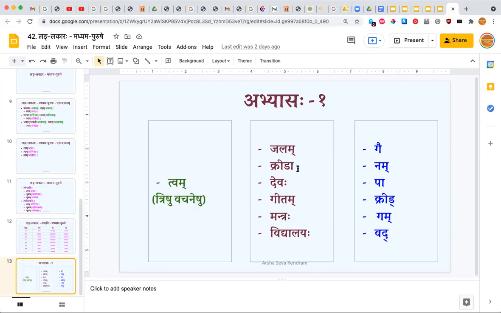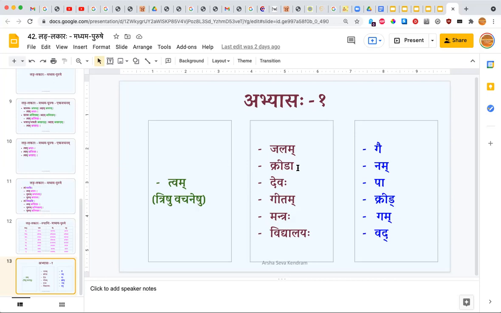Now let us add back the Karma Padam. Karma Padam, Krida, akaranta strilinga. So what will be the Karma form? Kridam. So it's tvam kridam akridaha.